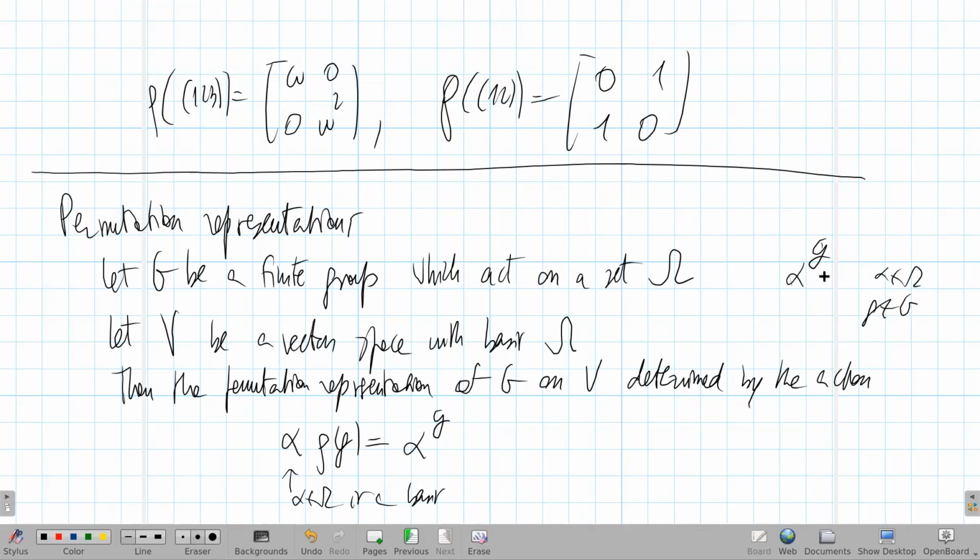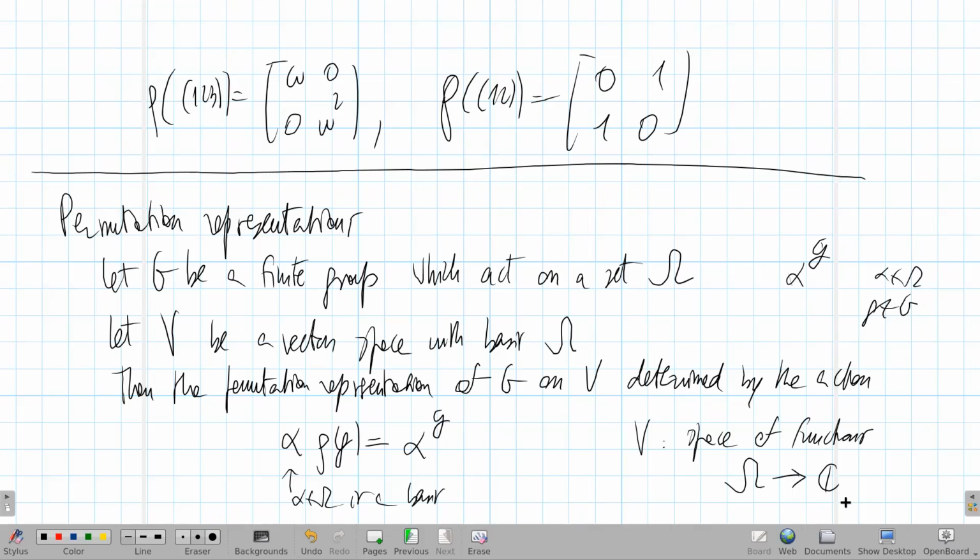If you want a vector space with basis omega, V can be taken as the space of functions from omega to the complex numbers. This is very much the same as the group algebra, because the group algebra was defined as the set of functions from G to the complex numbers.